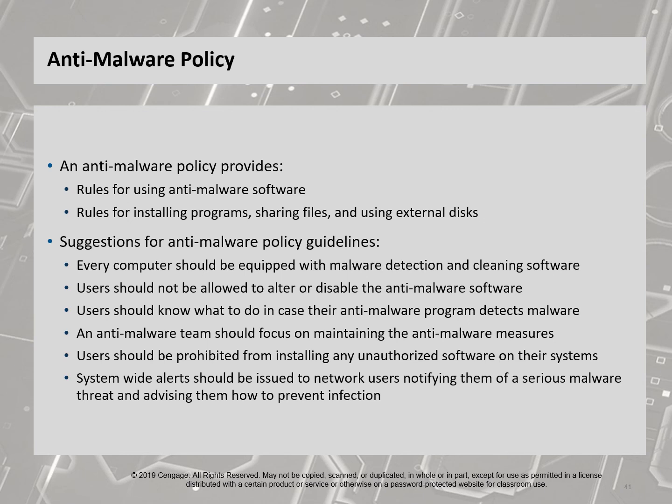Users should know what to do if the anti-malware program triggers. And an anti-malware team should focus on maintaining these measures. Usually it's just automated updates with signatures and things like that. Users should be prohibited from installing any unauthorized software on their systems, and system-wide alerts should be issued to network users notifying them of serious threats and how to prevent infection.